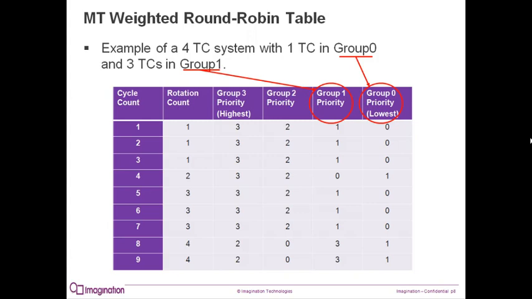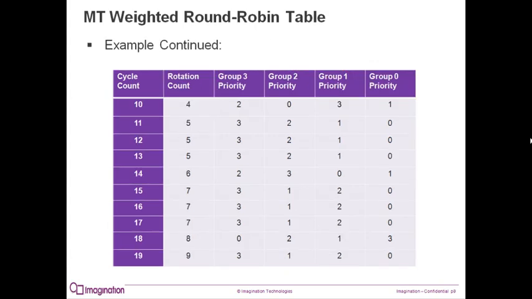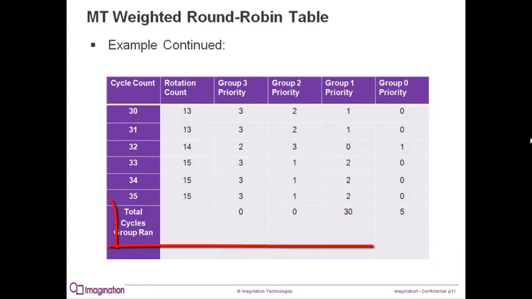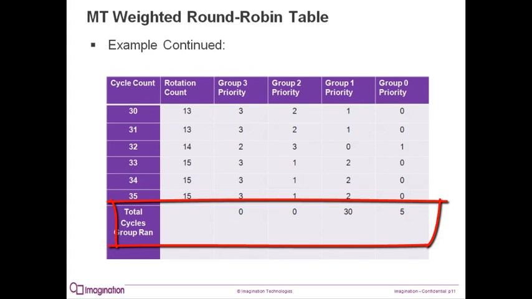This slide and the next continue to show the rotations and the running for each cycle. This slide shows the end of the rotation and totals the number of cycles each group used.